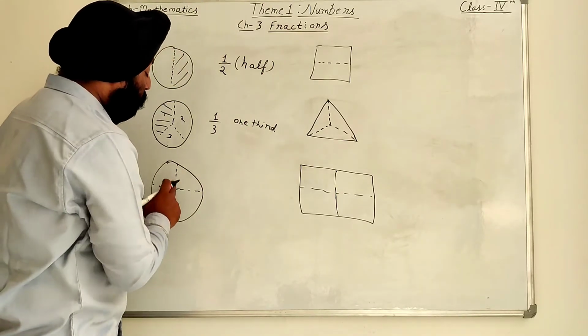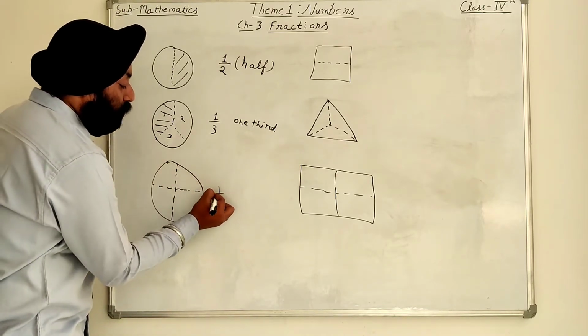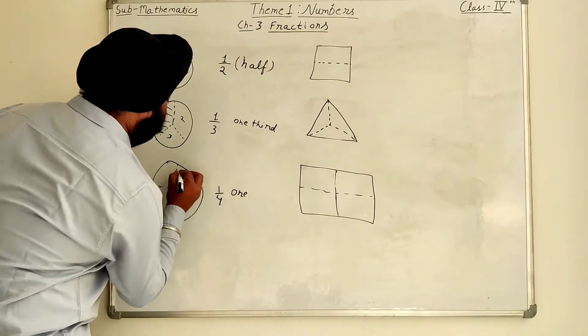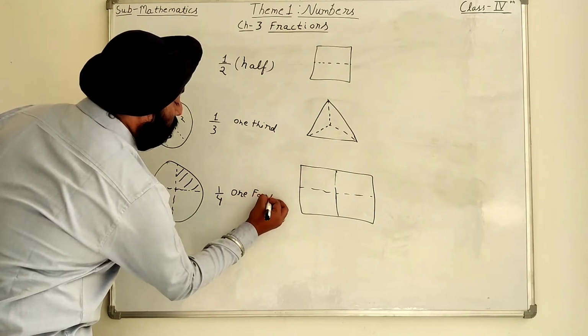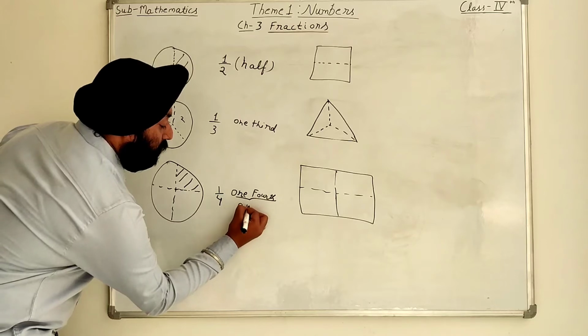Now the circle is divided into 4 parts. Then this is called 1 upon 4, like 1/4, or we can say it's a quarter.